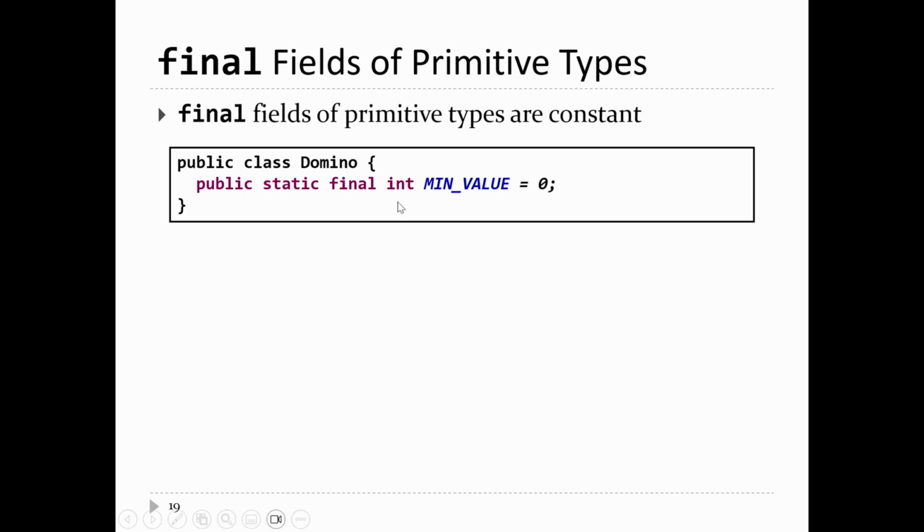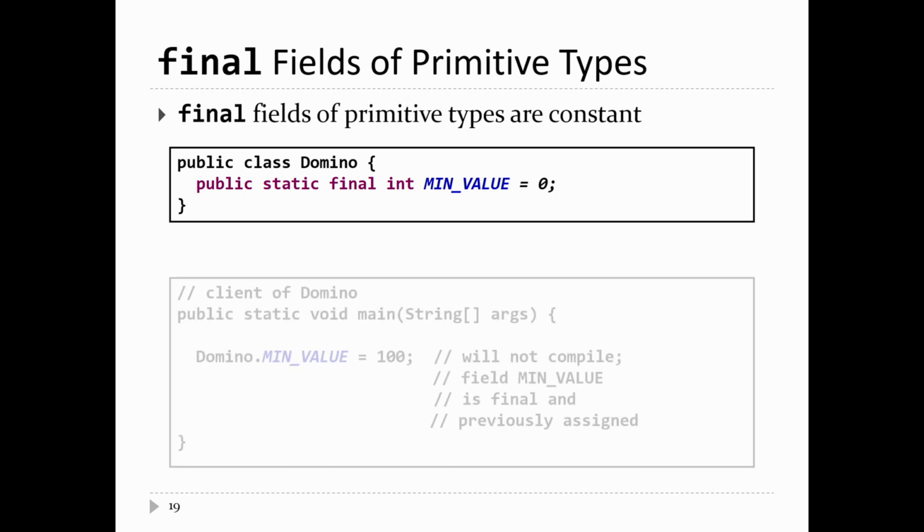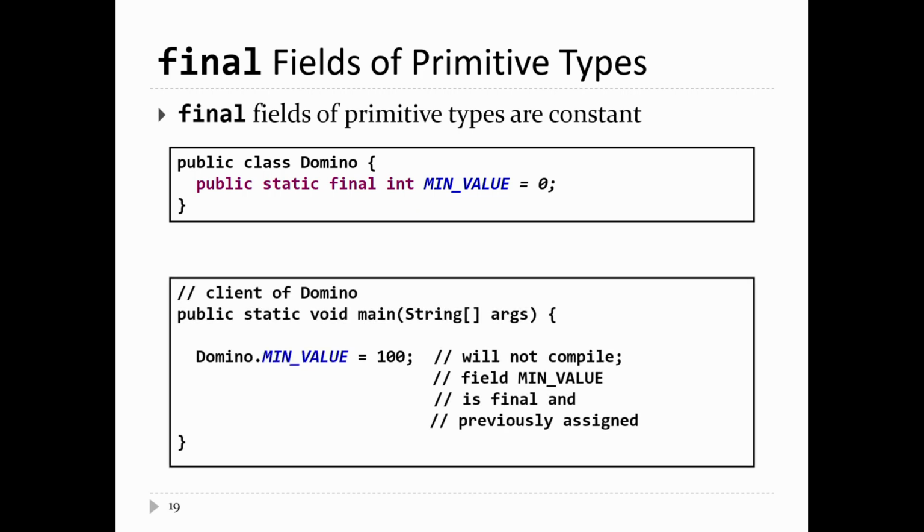If you have a final field of primitive type, so in this case min value is an int, then it is effectively constant. If you try to change the value of min value somewhere, the compiler will not allow it. It'll tell you min value is final, it's already been assigned. So this will not even compile.